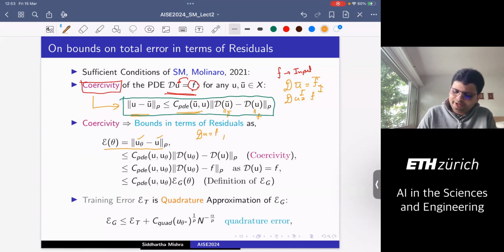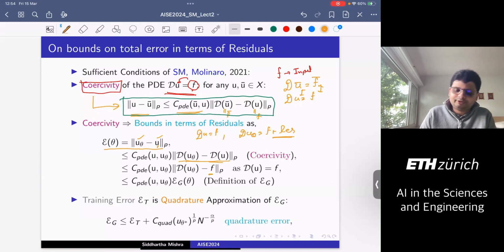The neural network is solving D u theta equal to f plus the residual, right? This is because you always get this residual. So the neural network is solving a perturbation of f, and the perturbation is precisely in terms of the residual. Now this can be small or big, we don't know that yet, but this is a perturbation. So remember, what does the stability say? That the difference between the outputs is bounded in terms of the difference between the inputs. So these are the inputs, and D u equal to f.